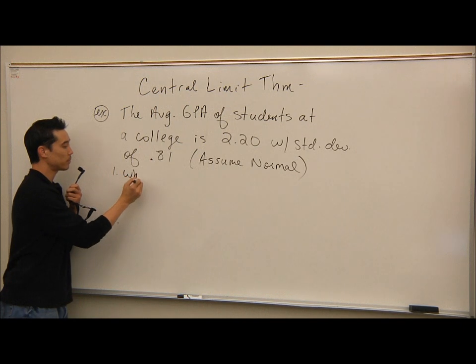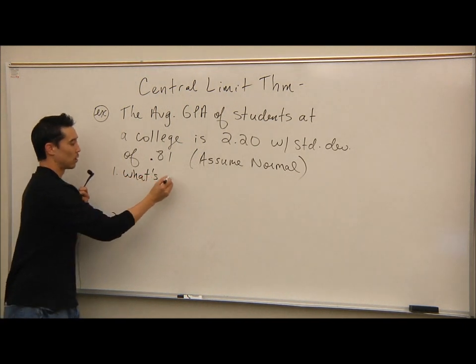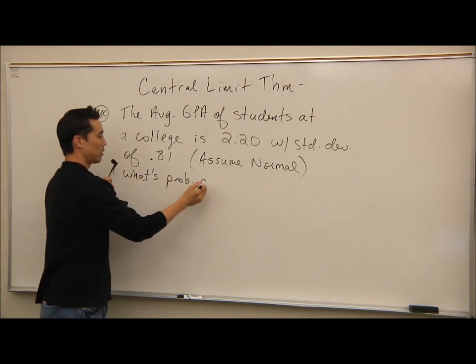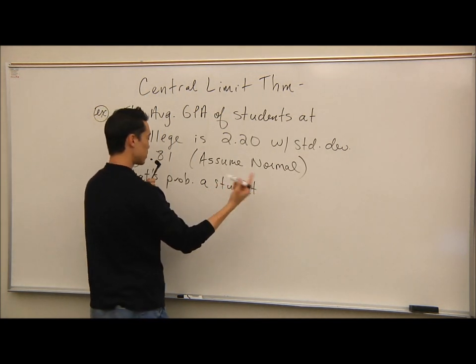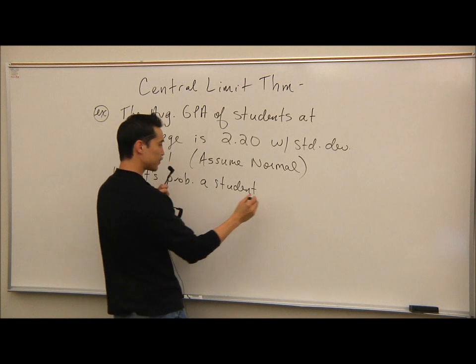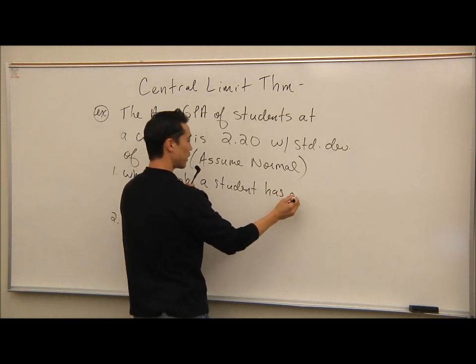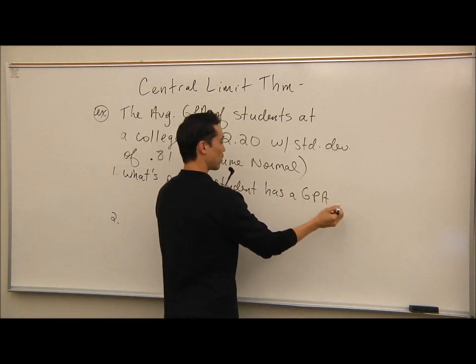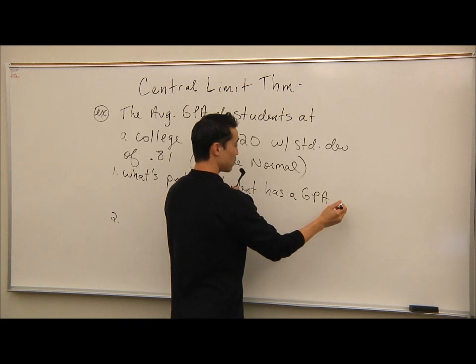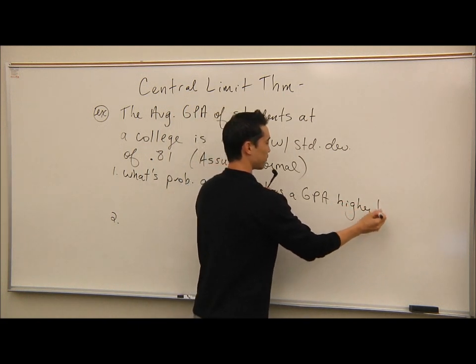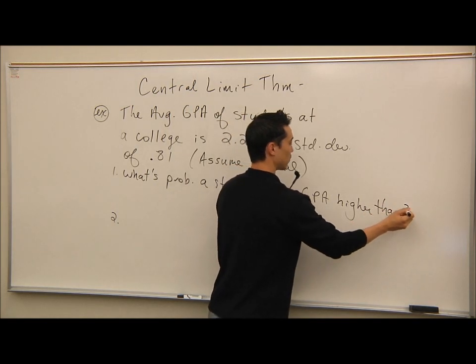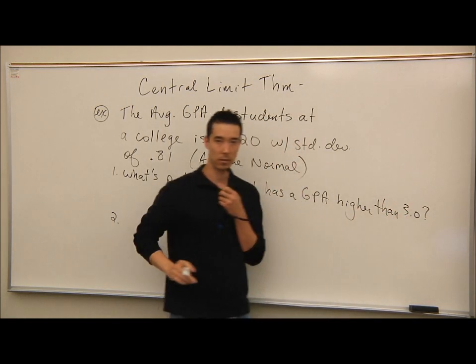What's the probability a student, some person that we randomly select, has a GPA of higher than 3.0.